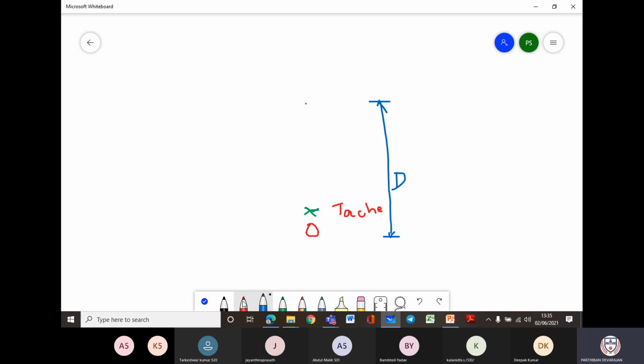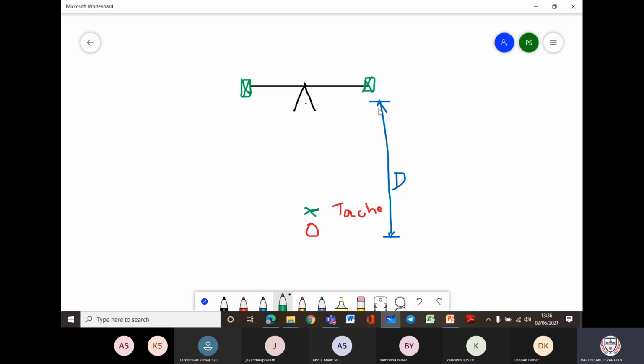There you are going to fix the substance bar. The substance bar has two ends, and at both ends we have a target. This is the substance bar and it is connected with the tripod.